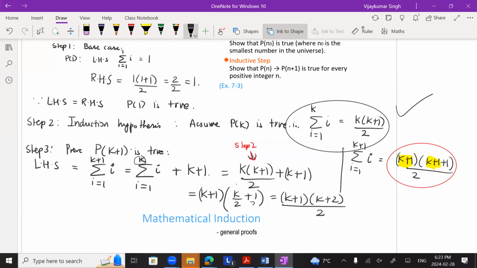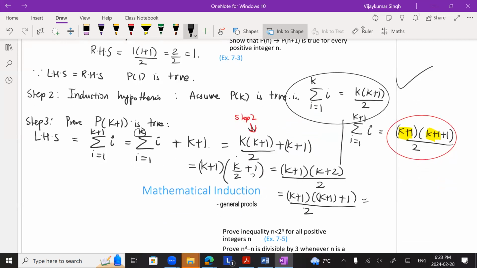It's dividing this part, that means dividing the whole thing. And then I can write it to make it look like what? k plus 1 plus 1 divided by 2, which is my RHS. Right? You agree? So therefore, what? Pk plus 1 is true for all n.